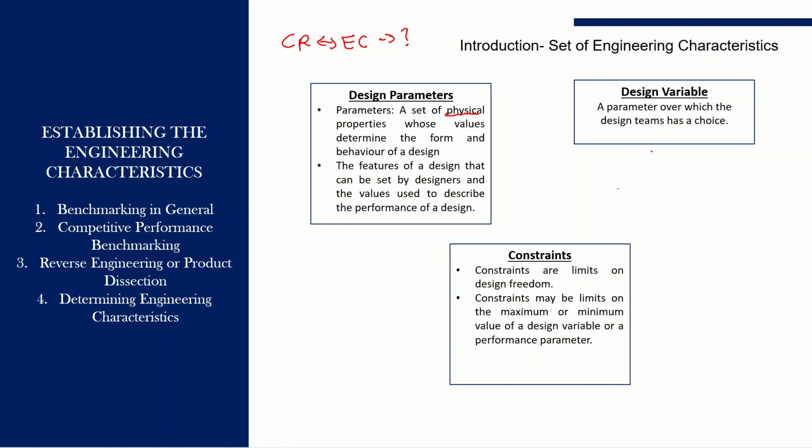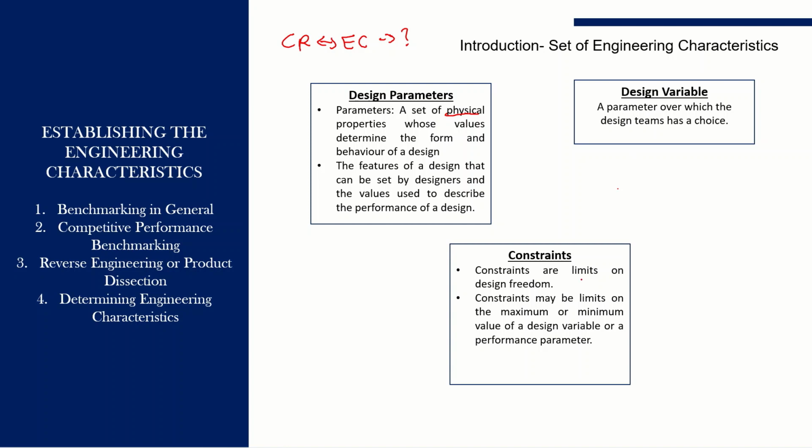And then the design variable, which is a parameter over which the design team has a choice, like the mass, the weight of the product, and also the speed. And the constraints are limits on the design freedom.